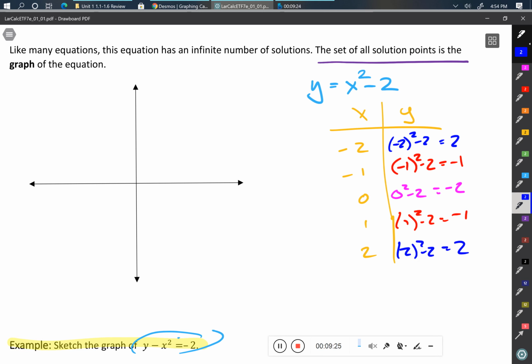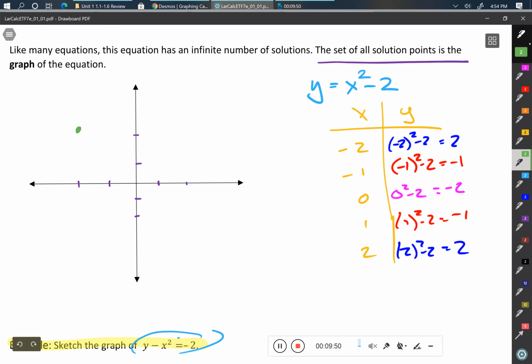Now I'm going to take those values over to my graph here, and I'm going to graph them. Looks like I need to have 1, 2, negative 1, negative 2. And let's start putting some points over here. I'm going to use green. When x is negative 2, y is 2.